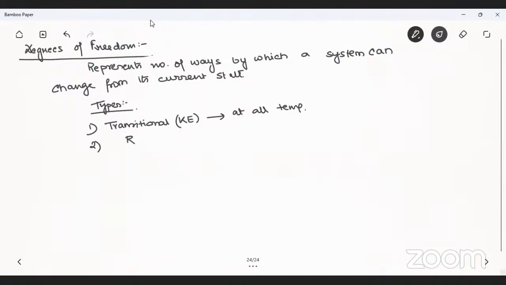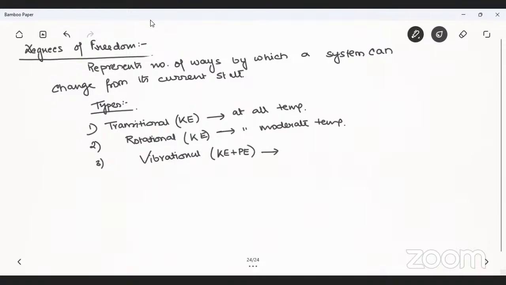Second is the rotational kinetic energy. You will be learning about these details in physics, but just for the sake of knowledge, learn about this. This occurs at moderate temperatures only. And thereafter comes the vibrational. This involves the kinetic energy along with the potential energy. It occurs only at very high temperature, strictly.